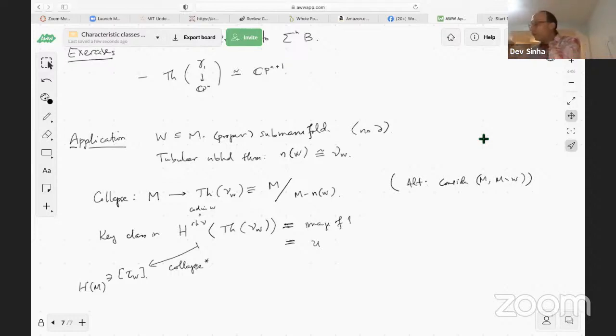We're not going to prove Thom isomorphism using Thom cochains, but I think it's better to use Thom cochains to understand this Thom isomorphism.